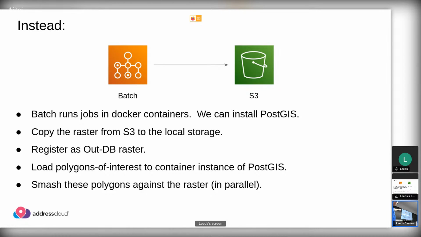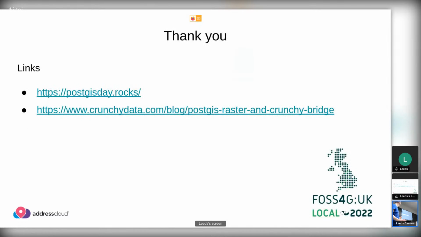And because Batch spins up these Docker containers and actually handles a lot of the scaling here, we don't have to worry about that so much, which means that we can do effectively quite a lot of these results in parallel. And that's it. So thank you.